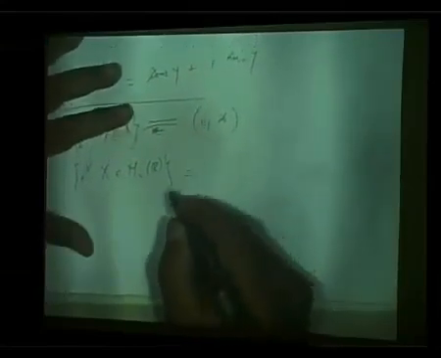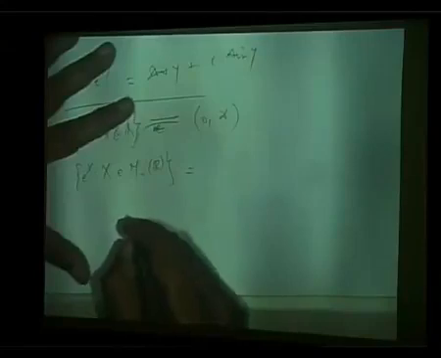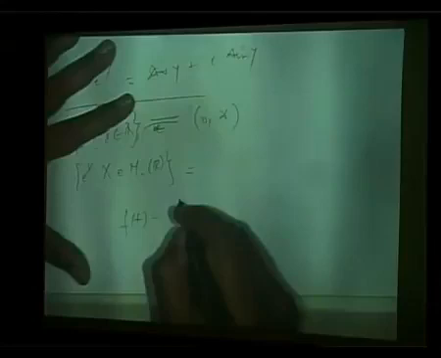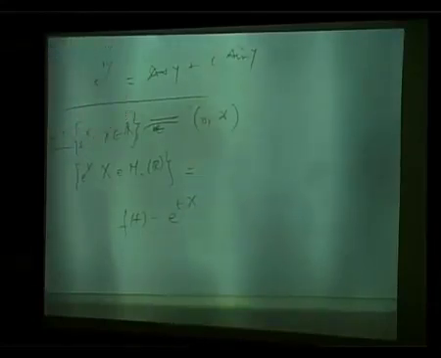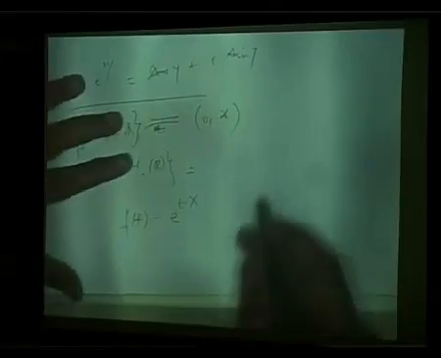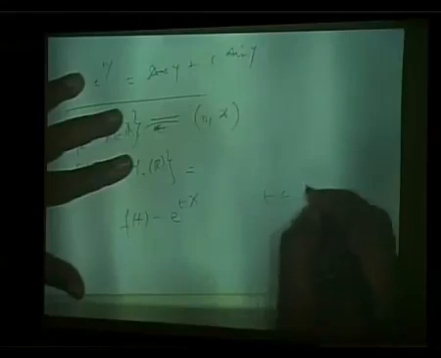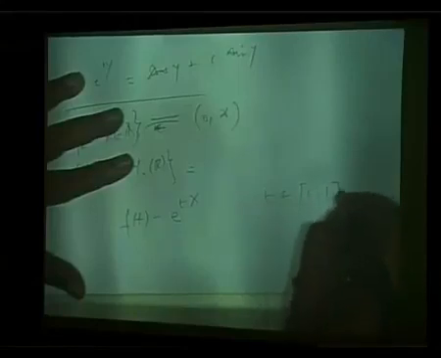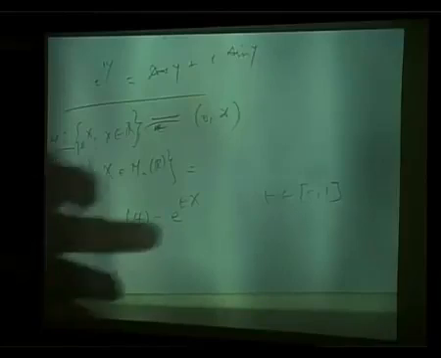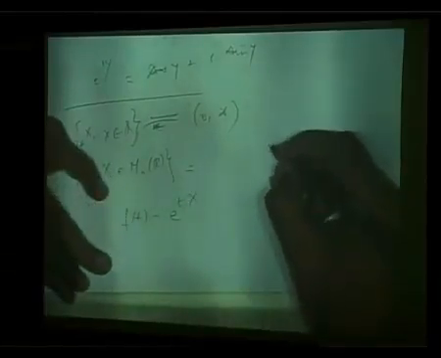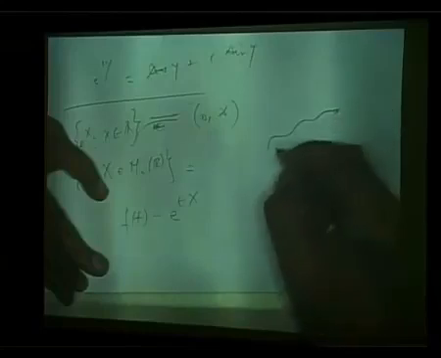So for example, if I look at f of t equals e power t times x, where t is a number in [0, 1], this is a path of matrices.